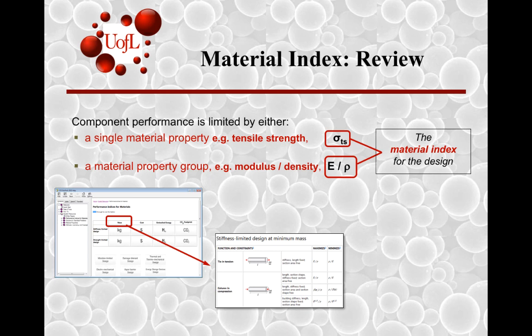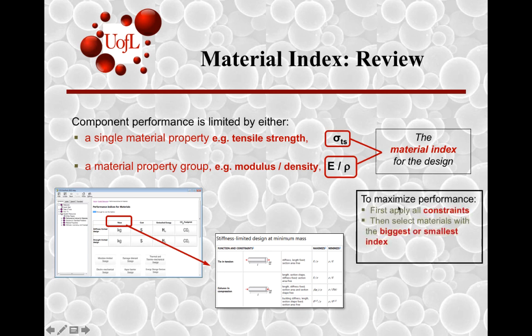The advantage of being able to work with material indices in this manner is that once we apply constraints, we can begin to create protocols for optimization of the material selection by choosing the biggest or the smallest index that is formulated for that particular design. The optimization techniques will be covered during module 2.